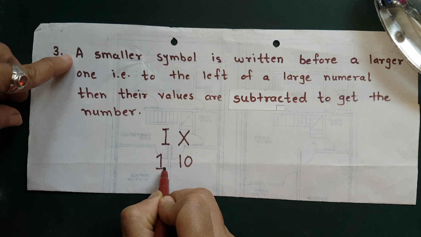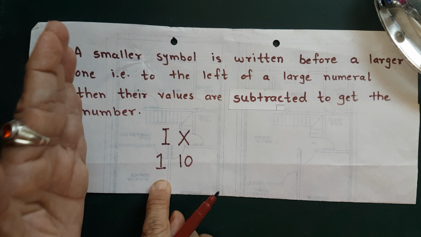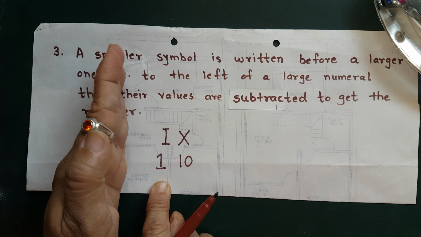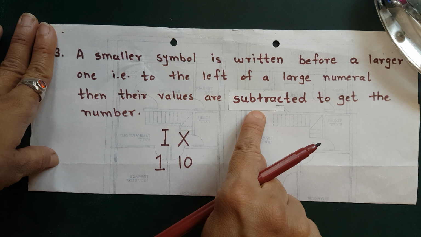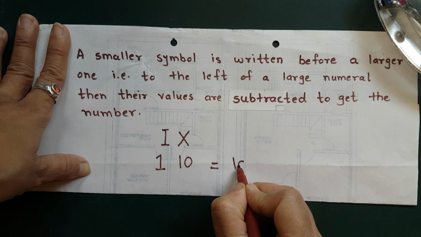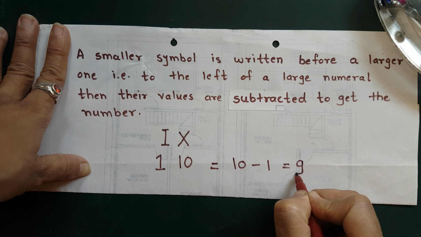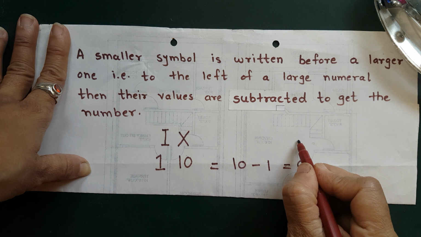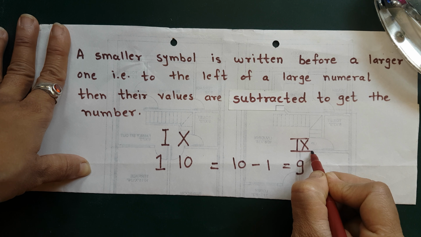Now see the rule. A smaller symbol is written before the larger one, that means to the left side of the large number, then their values are subtracted. It means we have to subtract 1 from 10, so the value becomes 9. So for 9 we write IX in Roman number.